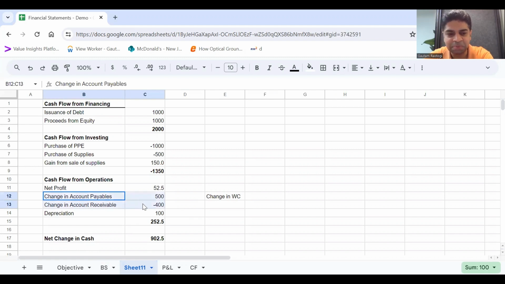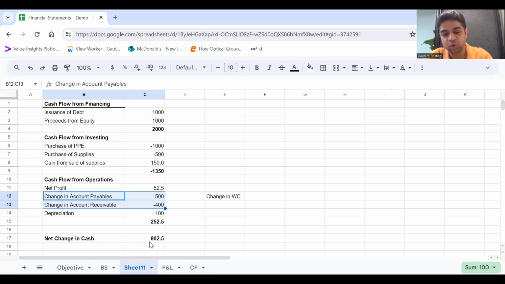That's why it's important that you know what kind of payment terms you have with your customers, because it's going to affect your account receivables, and what kind of payment terms you have with your suppliers, because it will affect your account payables. I know I did not consider inventory, but you can consider that as well. I just wanted to show you how the three statements move together. If you have a lot of account receivable, your customers are not paying you in time, but you need to pay your suppliers right away, it would have a negative impact on your cash.